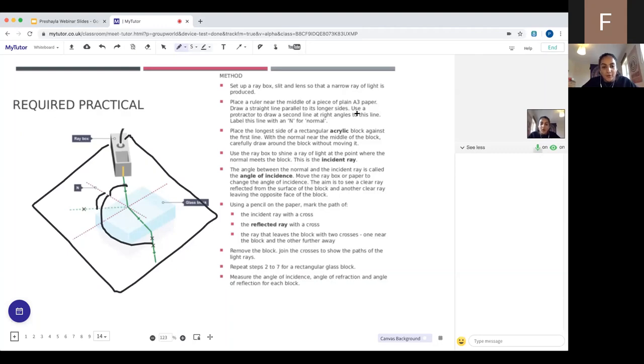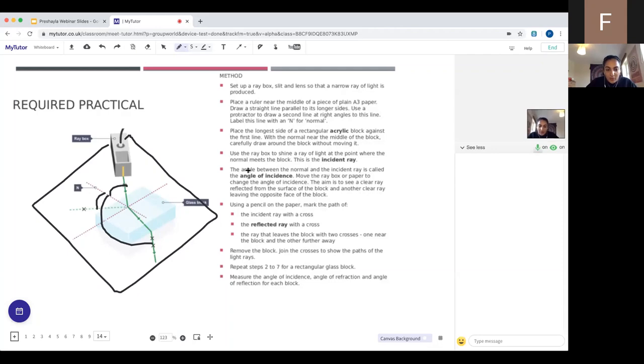Now, the whole point of this practical is that we do it with different types of material. We're trying to see the relation between the incidence, reflected and refracted rays for different blocks. So we're going to start with an acrylic block, then we might replace it with a glass block, and maybe some other types of transparent solid materials.